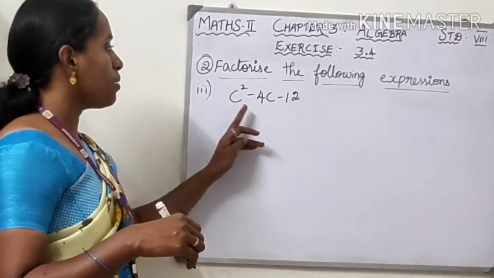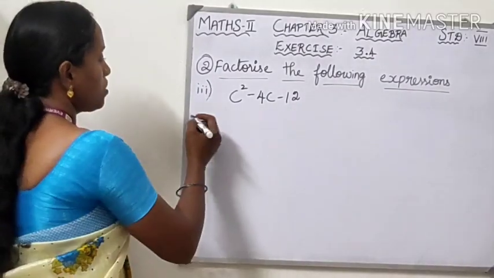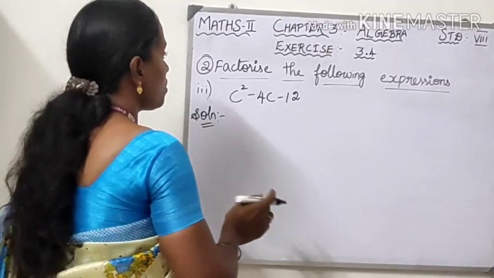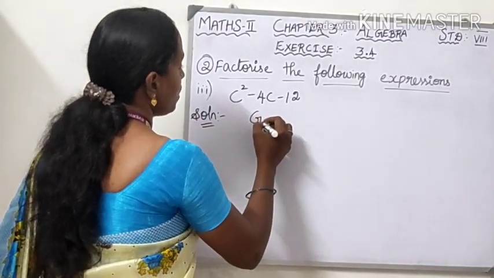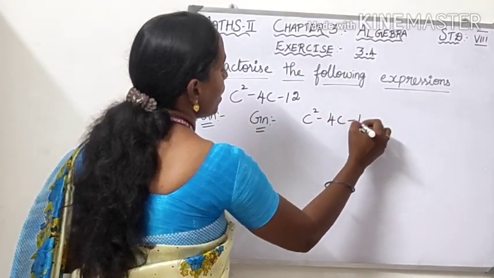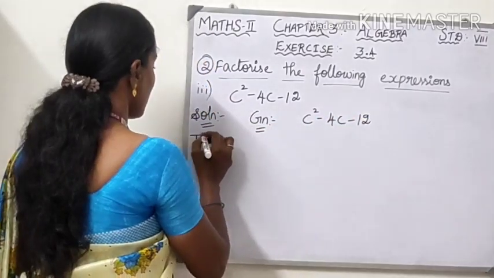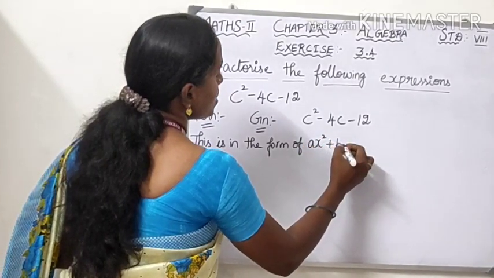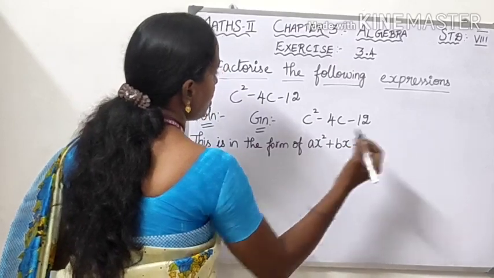The question c square minus 4c minus 12. So let us find the solution for this. That is finding out the factors of the given question. So what is our given question? It is c square minus 4c minus 12. So you can say this is in the form of ax square plus bx plus c.